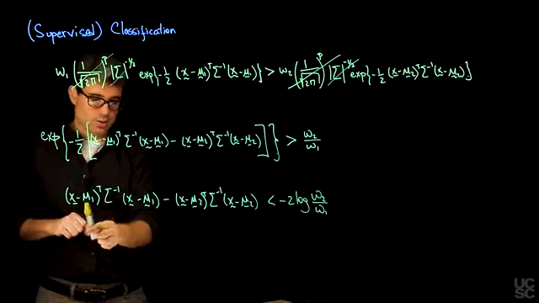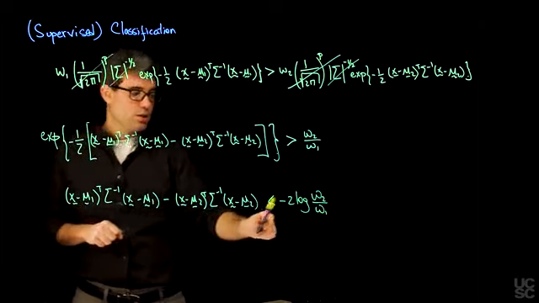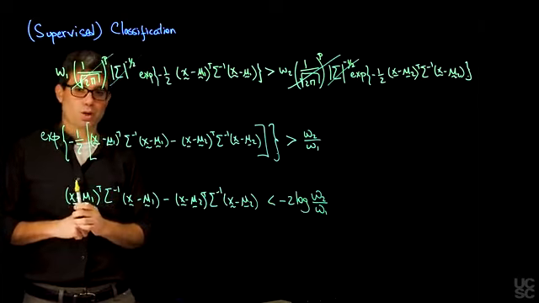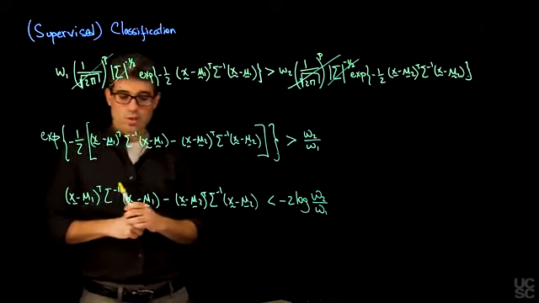So now we have this difference of two quadratic forms needs to be less than a certain constant that depends on what are my prior weights for each one of the two components.